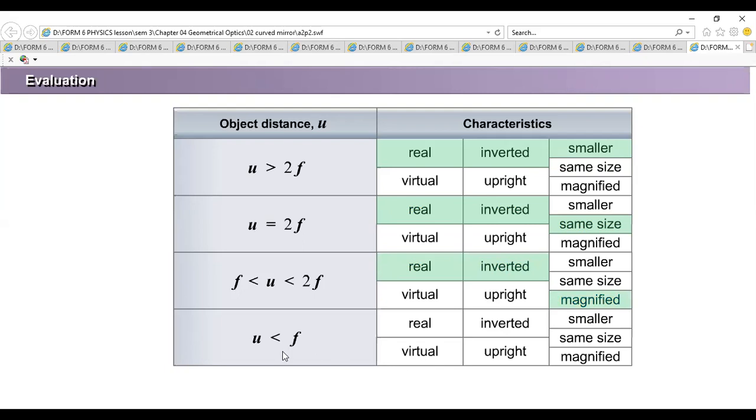If the object is placed at a distance less than the focal length, the image formed will be virtual, upright, and magnified. All these characteristics, you must remember since Form 5, or since SPM.